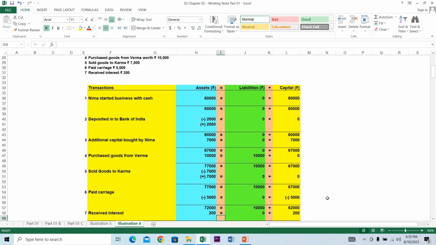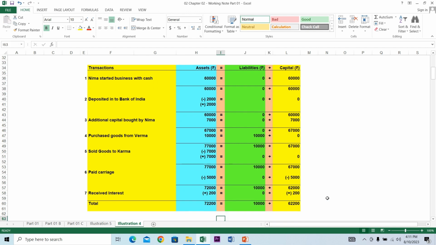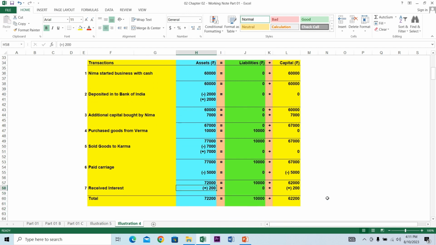Now in this case, interest received rupees 200. तो 200 rupees यहाँ plus 200. Here also, interest received, that means cash आ गया, that asset बढ़ गया. और same way that is interest received is an income, so उतना capital बढ़ गया. Okay, so now 72,000 plus 200, 72,200, and 10,000 plus 62,000 plus 200, 62,200.